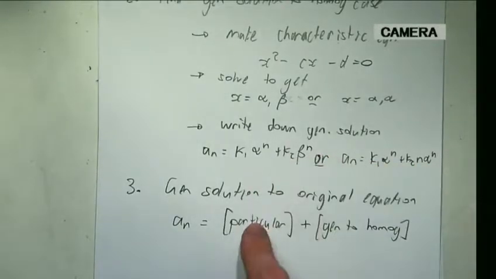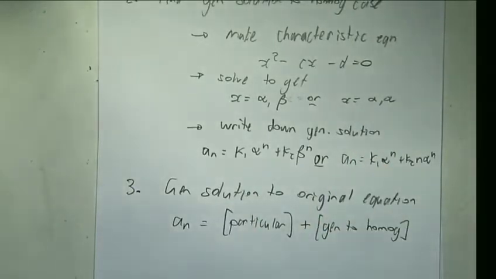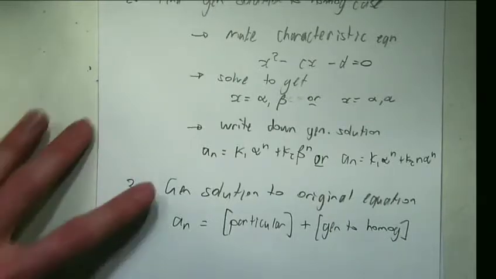It's the particular solution that we figured out right there, plus the general solution to the homogeneous that we figured out here, and that's it. We are just supposed to add them, I reckon. Yes, because it's linear.